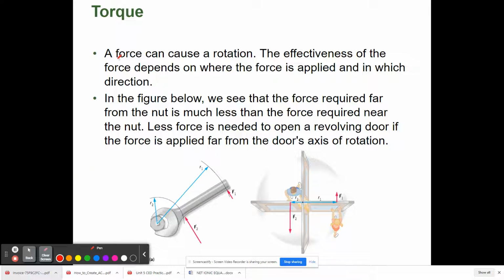A force can cause rotation, and the effectiveness of this force, or how much force we have to apply, depends on where we apply it and in what direction we apply it.